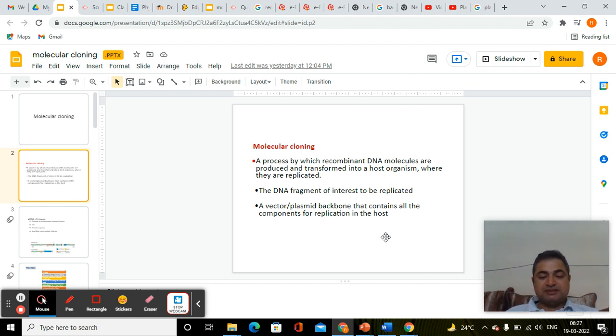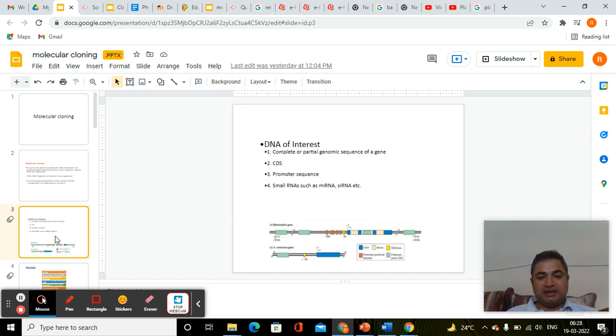So you can now understand that there are two main components in molecular cloning besides the reagents. One is the gene of interest you are trying to clone, and the second is the vector. So this vector is also important. Now, first we will learn about the DNA of interest or gene of interest.